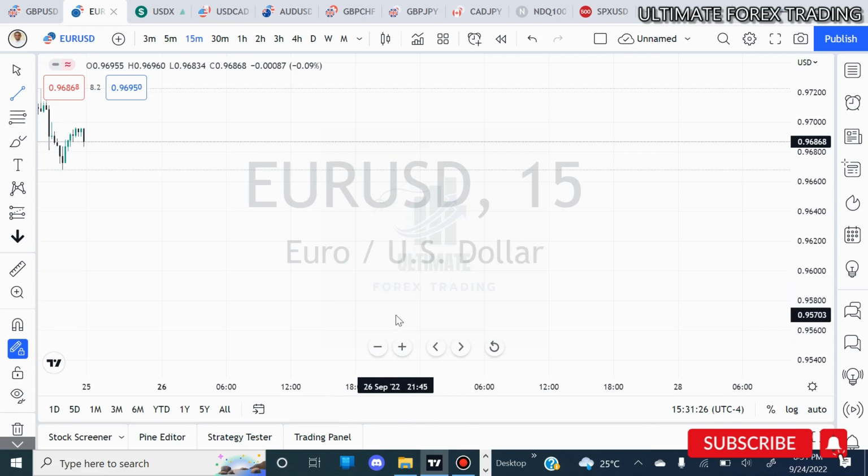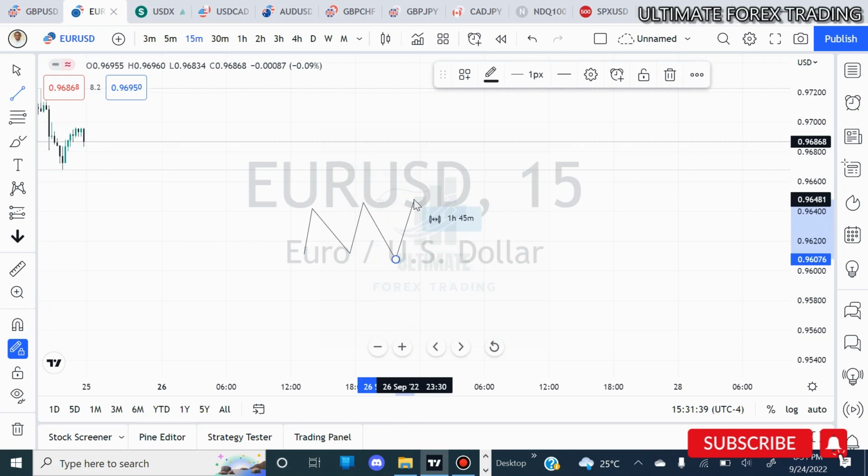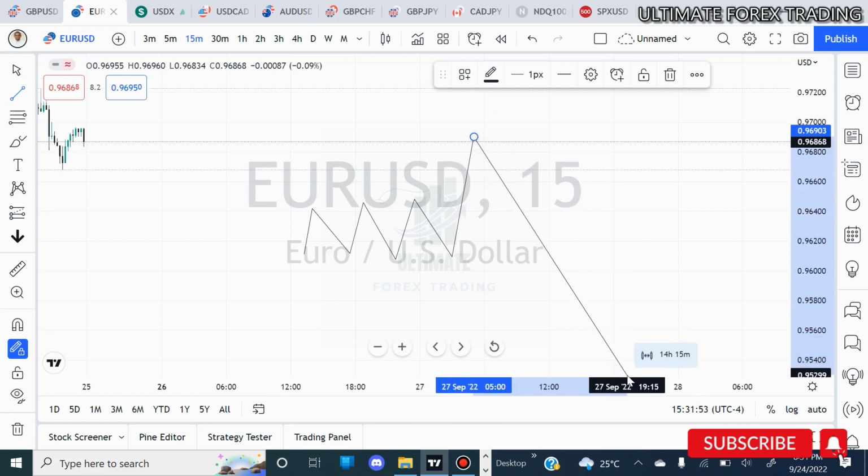You take note of that, and make sure that if you are in a bearish scenario, the price will accumulate and then manipulate above the midnight opening time and then distribute.